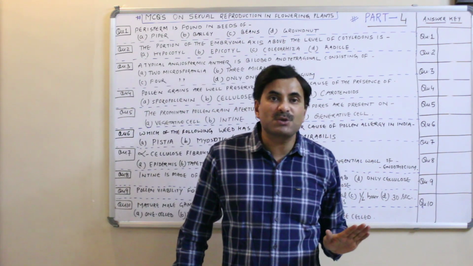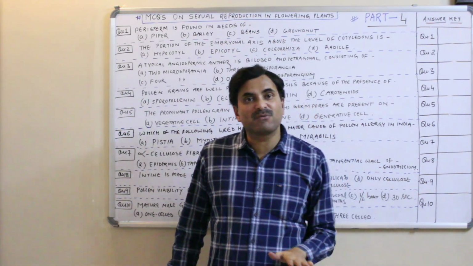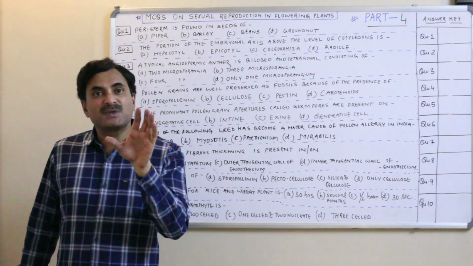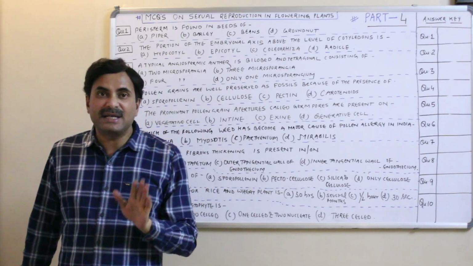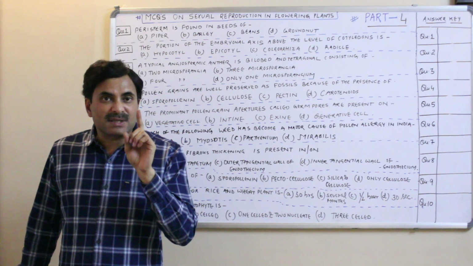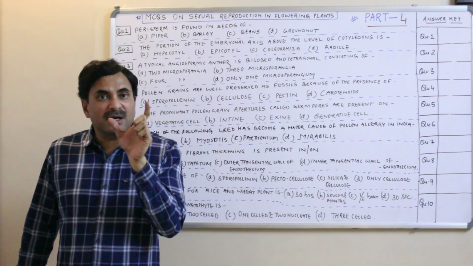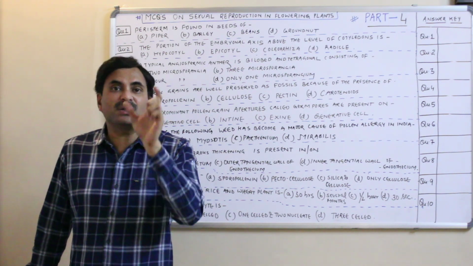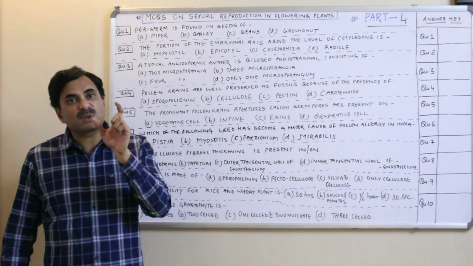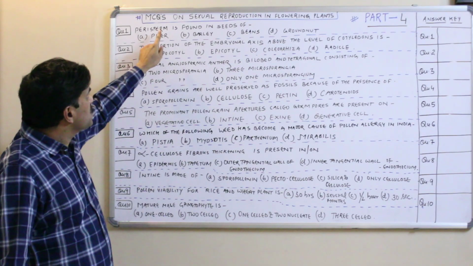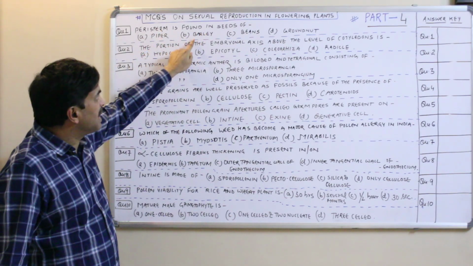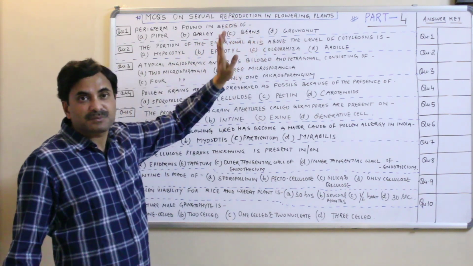You all know about the nucellus, which is the nutritive tissue found in abundant quantity in the ovule. Now, this nucellus disintegrates later, but sometimes the remnant of nucellus is found in some seeds, and that remnant of nucellus is called the perisperm. So perisperm is found in the seeds of piper, barley, beans or groundnut.